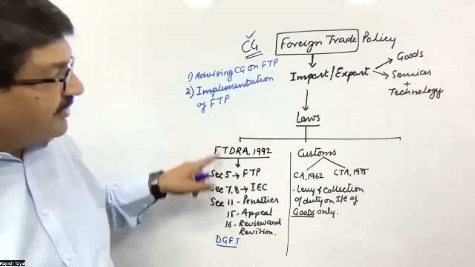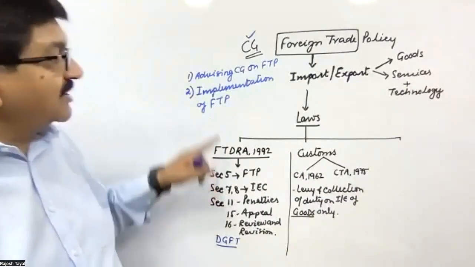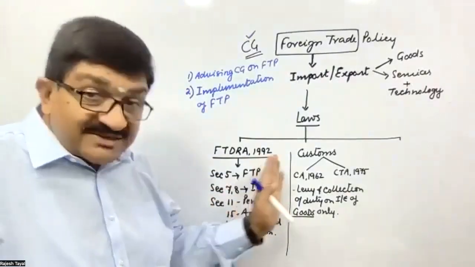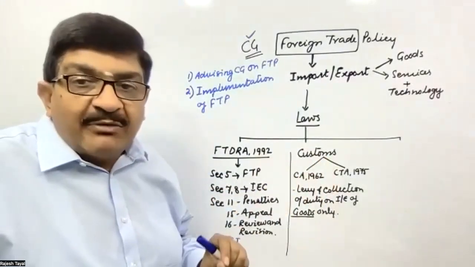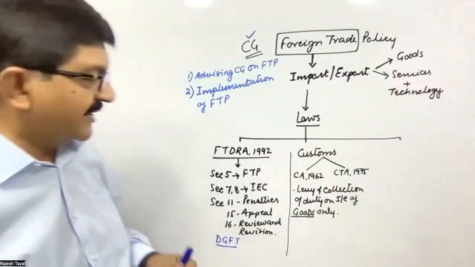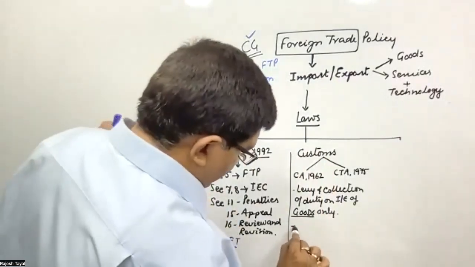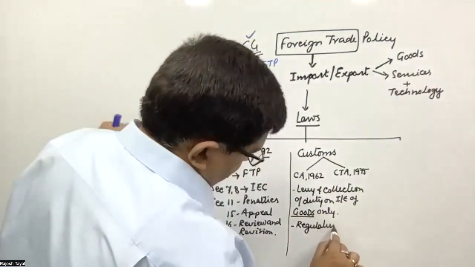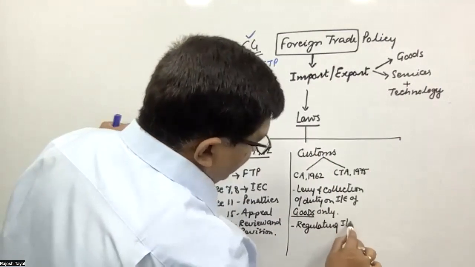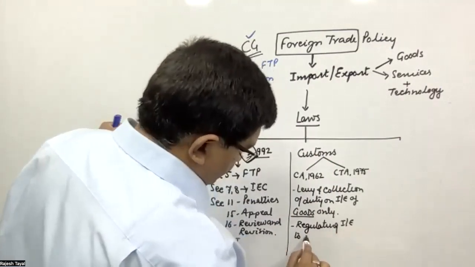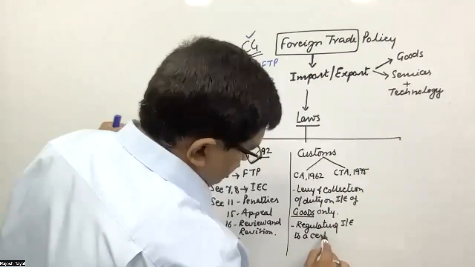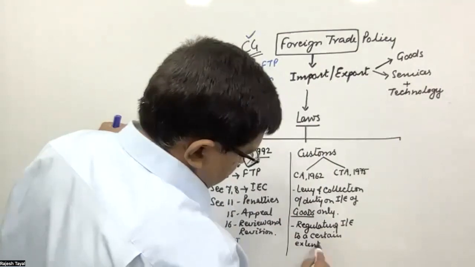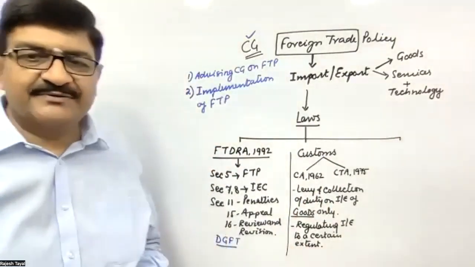Foreign Trade Development Regulation Act, this is providing for goods and services both. Under the foreign trade policy, we have goods and services both. But as far as Customs Act is concerned, this is only about goods. And then regulating import export to a certain extent.